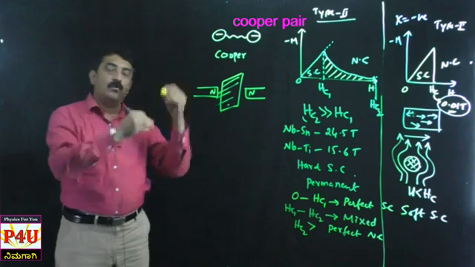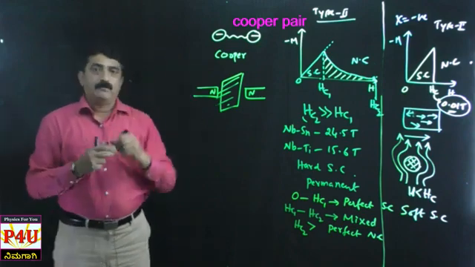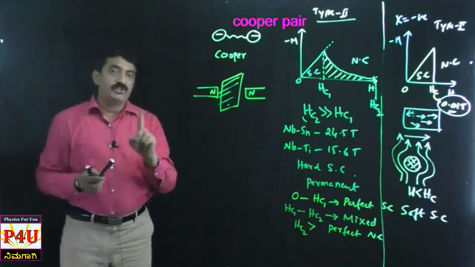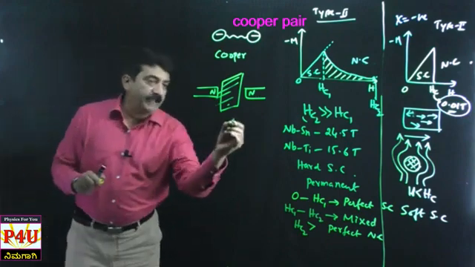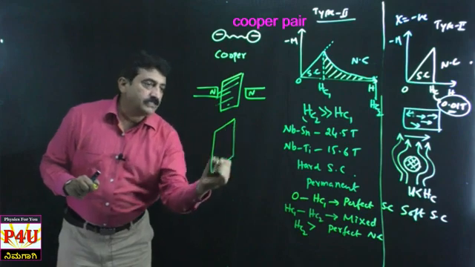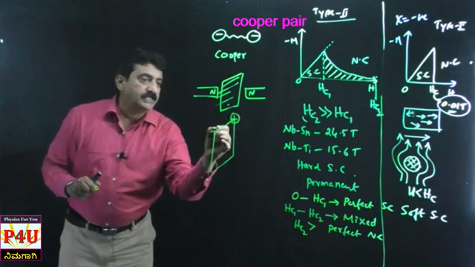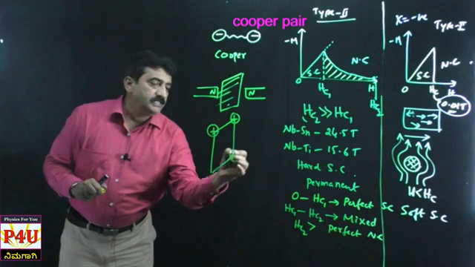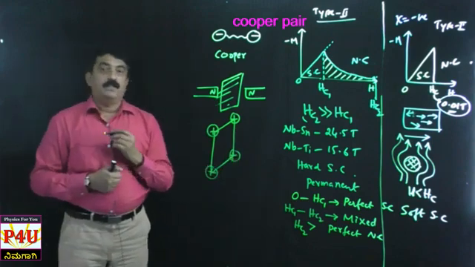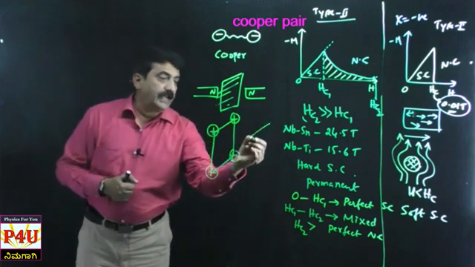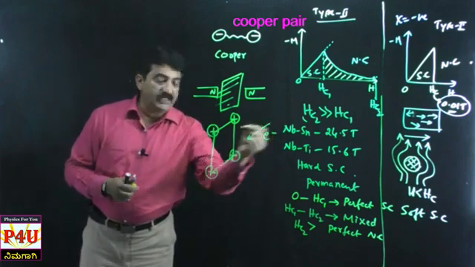Okay, now coming to the electron. See, already in one of my videos I mentioned, in the material we have what is called a lattice plane. In the lattice plane we have positive charges. Let us say positive charges are sitting at the corners of the lattice plane. Now assume that one electron is moving towards the lattice plane.